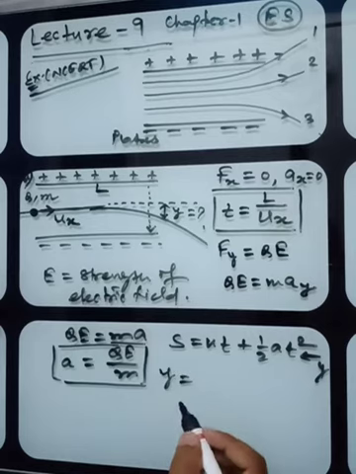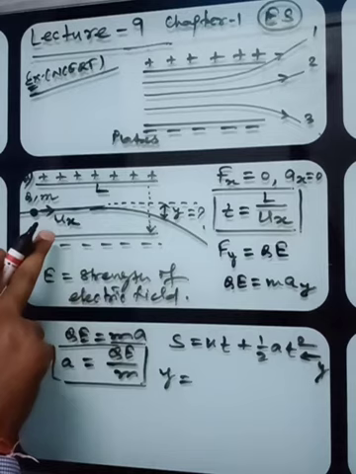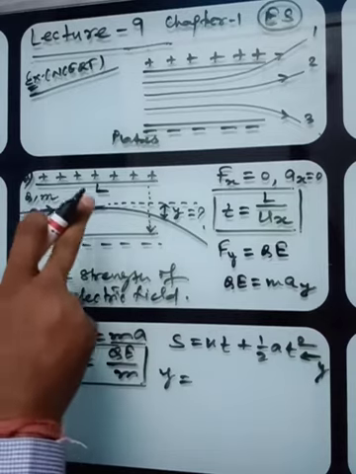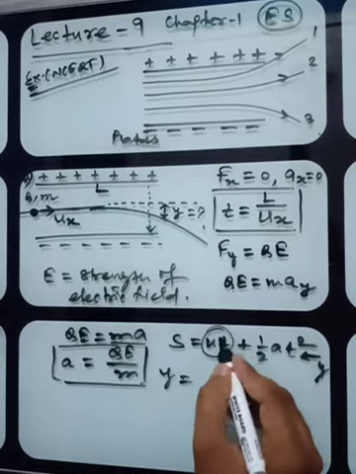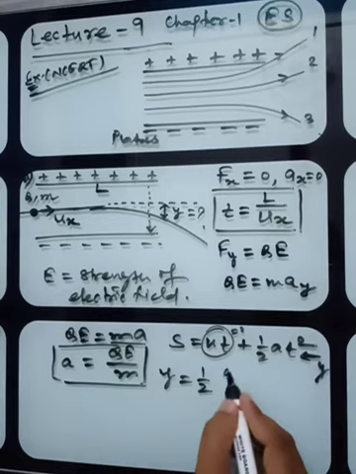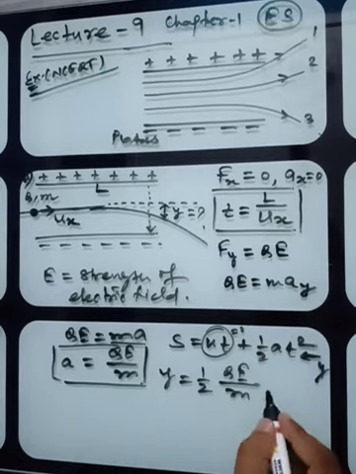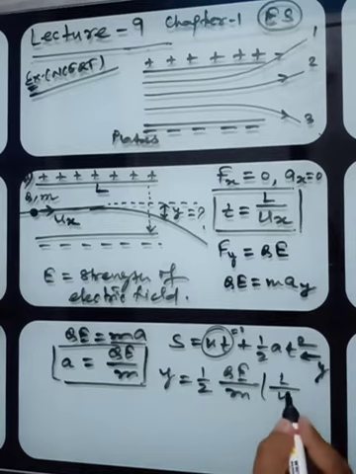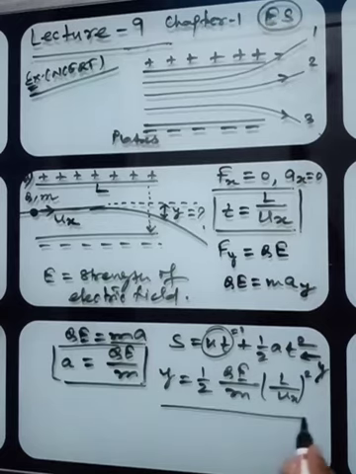Y. The initial velocity along the y-axis is 0, since the initial velocity was taken along the x-axis. So this term is gone. Now half a, we have QE by m, t square, how much? L by u square. So this is the vertical deflection y that you have to calculate.